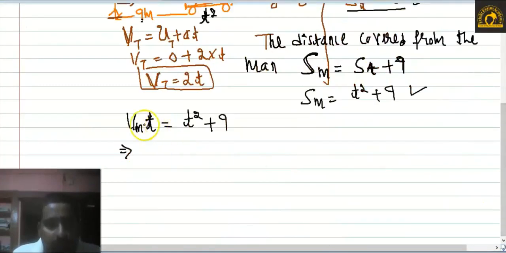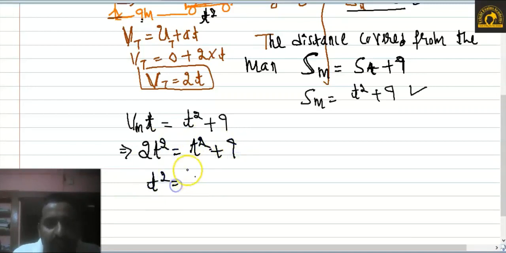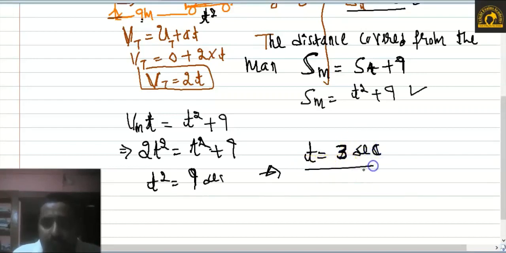Now put in the values: 2t into t, that is 2t squared, is equal to t squared plus 9. So t squared is equal to 9, and then t is equal to 3 seconds.